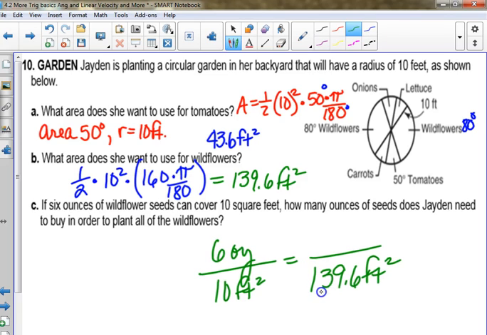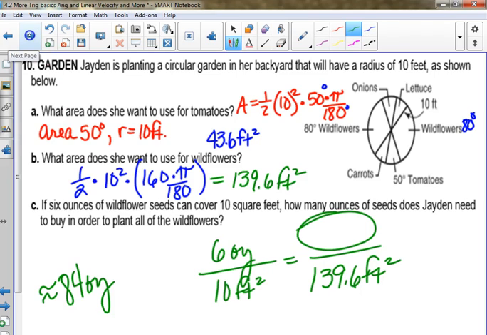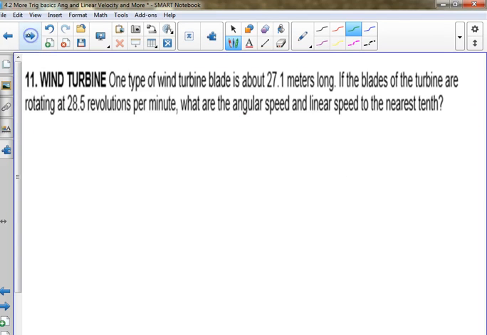Can we do a little mini proportion here? How many ounces does she need? I got like 84 ounces. Did anybody else times 6 divided by 10? Yeah. All right. Let's try.